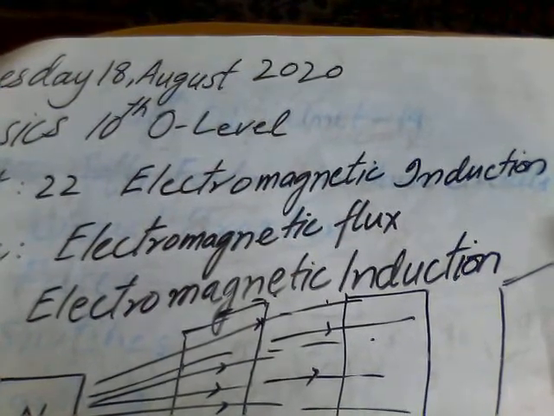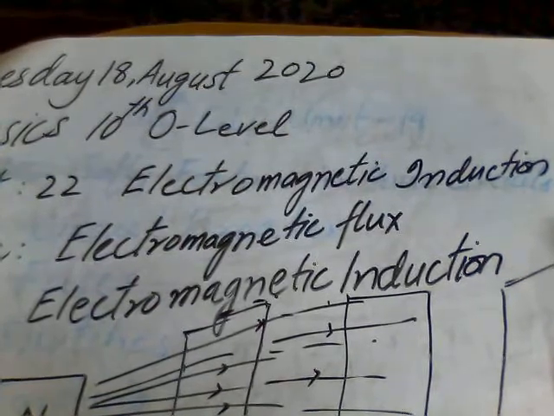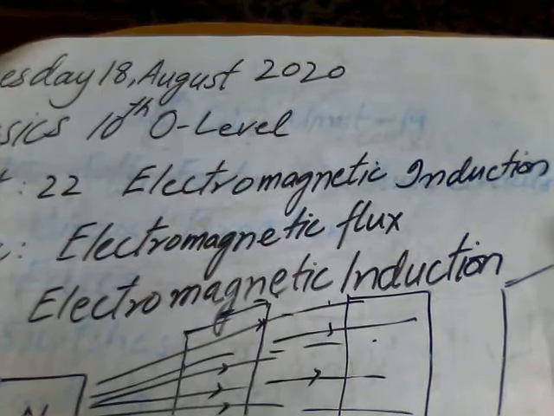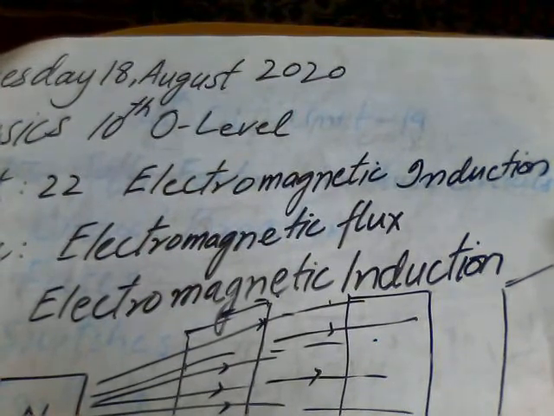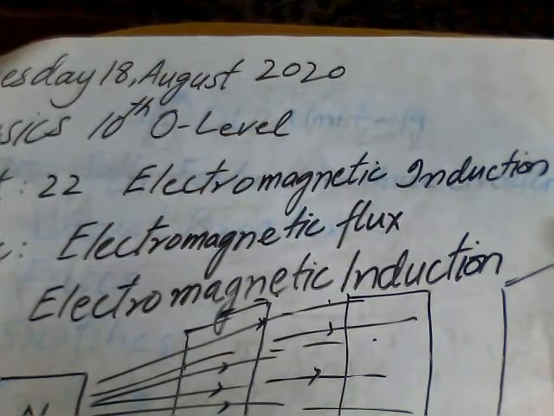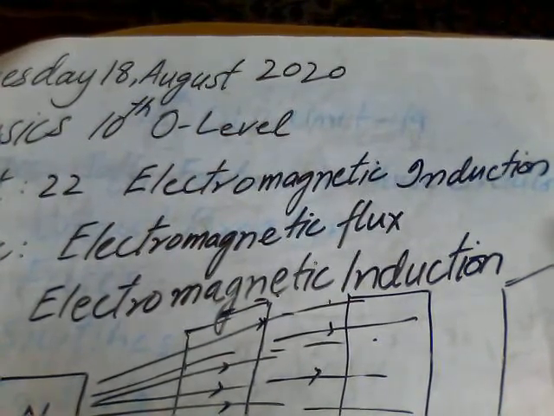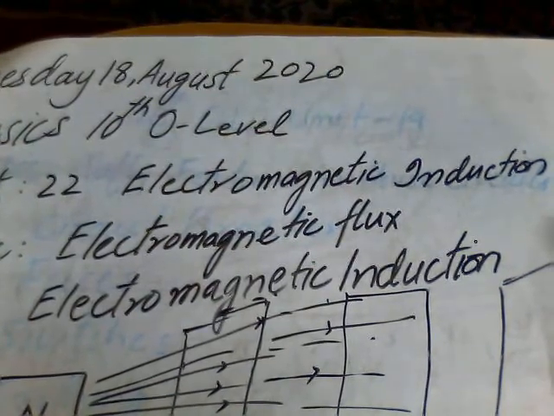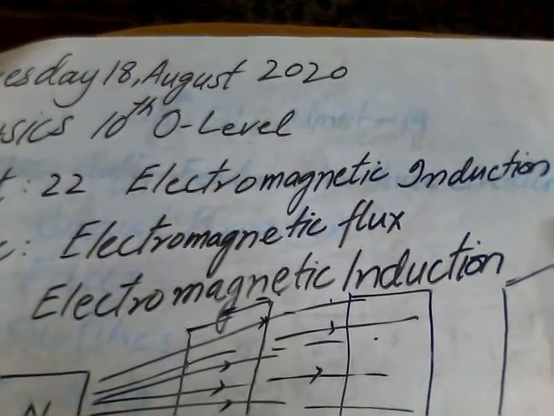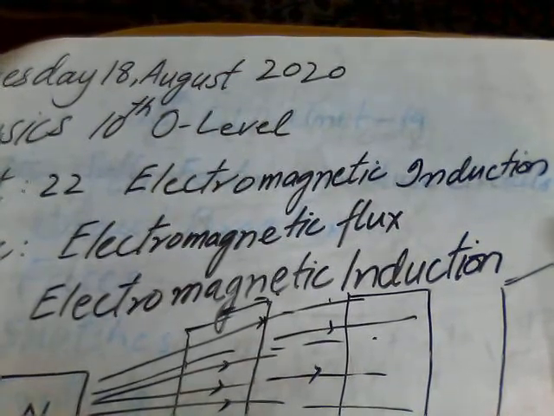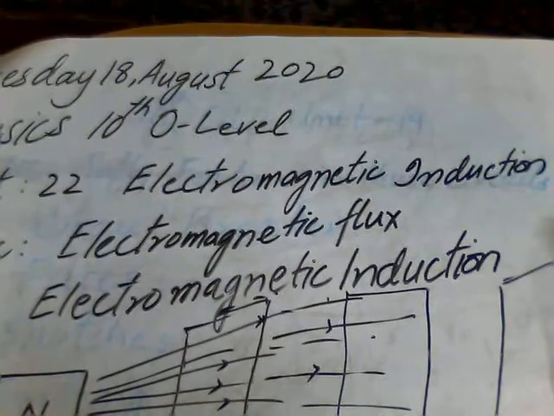In this chapter we are going to study the inverse of that, meaning a magnet can induce electricity. Electricity and the magnet are deeply concerned with each other. So before studying electromagnetic induction, we will learn the concept of electromagnetic flux.